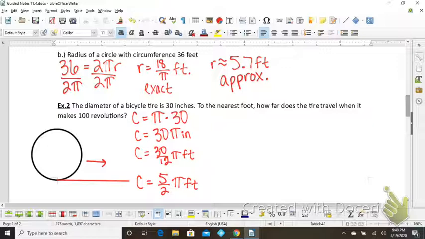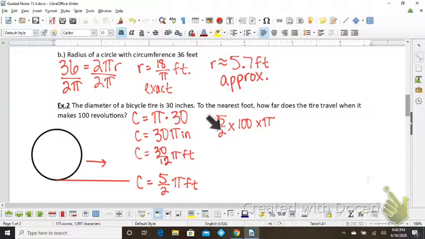So then we want to take that and we are actually going to multiply it by 100 revolutions. That's how many circumferences or how many times around we're going. So 5 over 2 times 100 times pi. Remember, multiplication's commutative, so you can multiply the 100 wherever it's convenient for you.